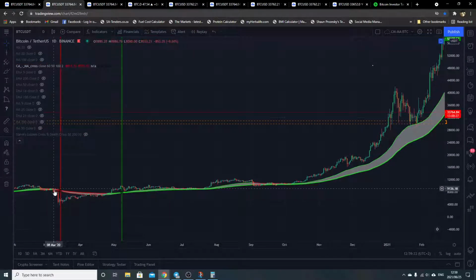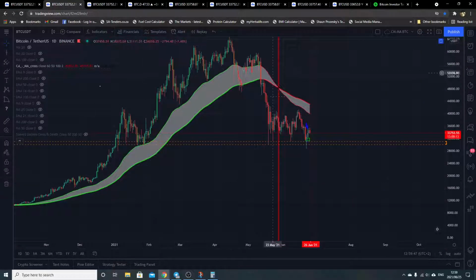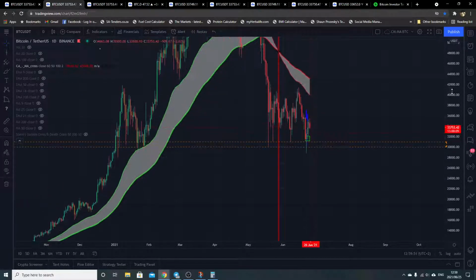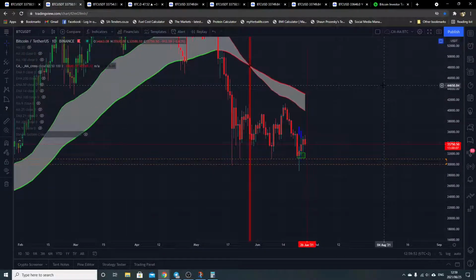Here we got the COVID dip, the correction that we had. Then we got a flip of the bands, the EMAs and the MAs, and we flipped and we carried on going up. So now we've got a cross here. Now this band is getting wider and wider as the days go past, and the weeks go past, because the Bitcoin price is continually going down.